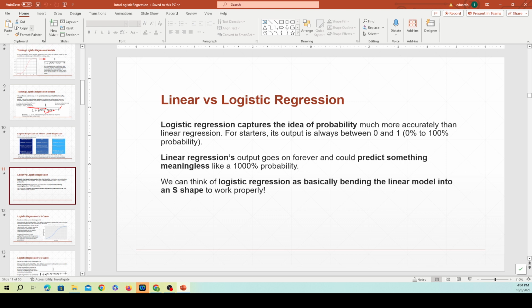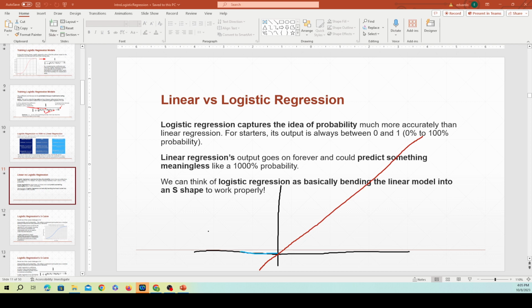So you can think about, if this is your XY plane, and then you had your linear regression, right? Imagine that you take that line and you stretch it.